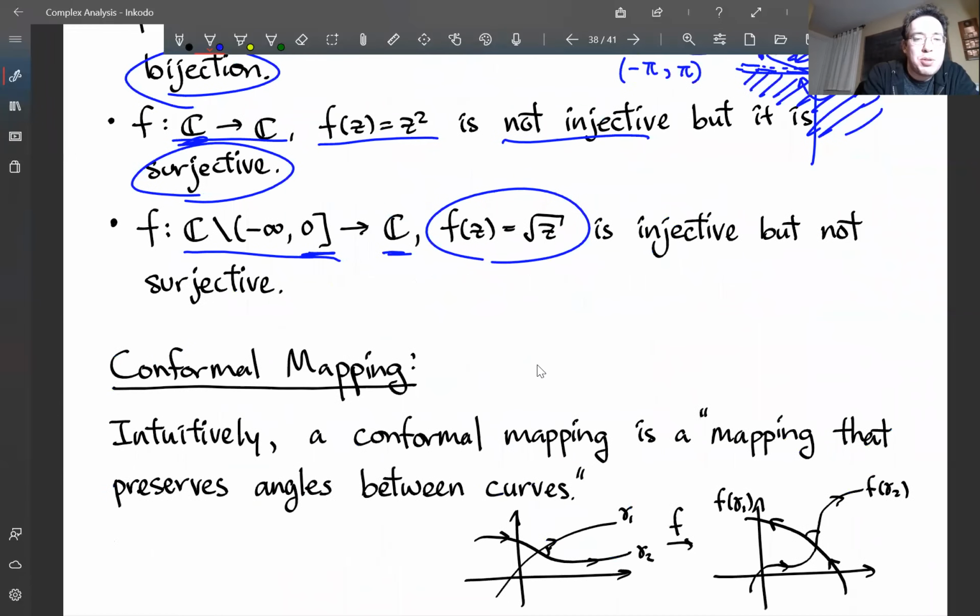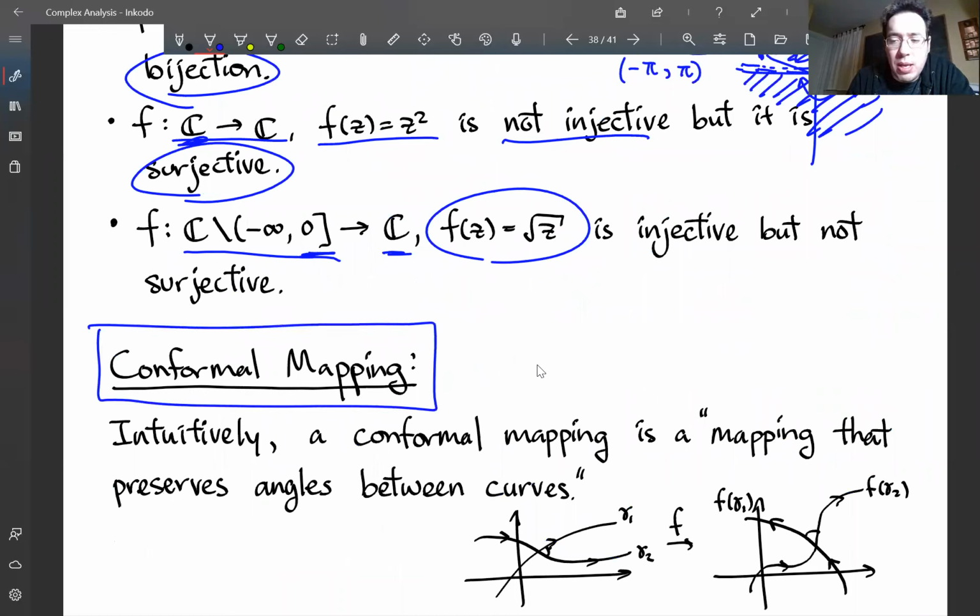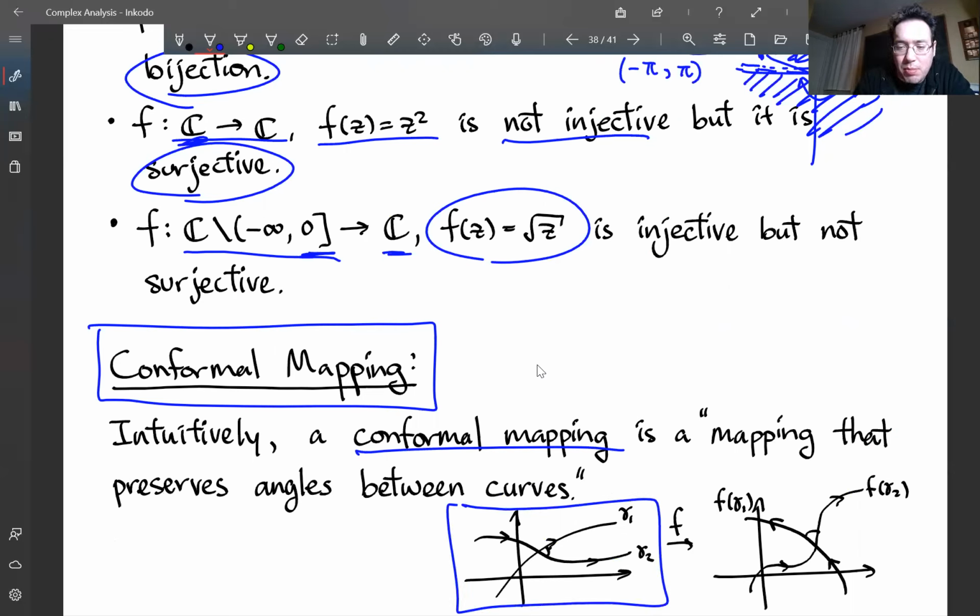I'm going to introduce this concept of conformal mapping. So I'm going to talk about intuition first because the actual definition takes a little bit of work. Intuitively, conformal mapping is a mapping that preserves angle between curves. So let's say we have some domain and we have some smooth curves living in that domain.